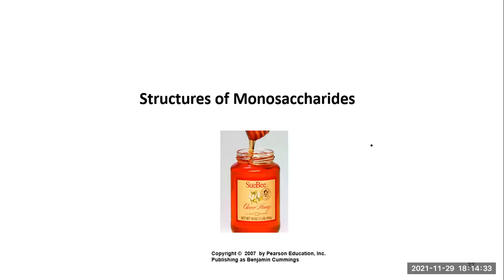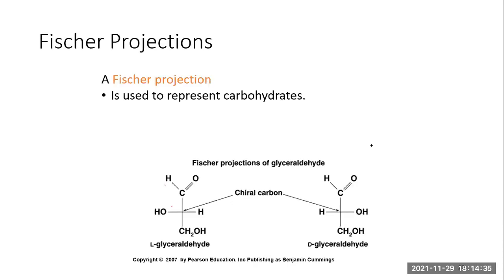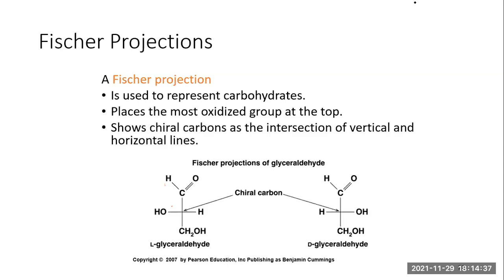So let's talk a little bit about the structures here of our monosaccharides. Now, like I said before, we can use some Fischer projections where we place the most oxidized group up on top.